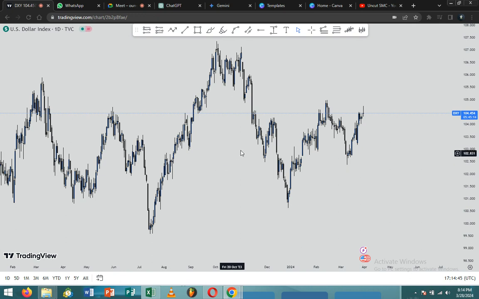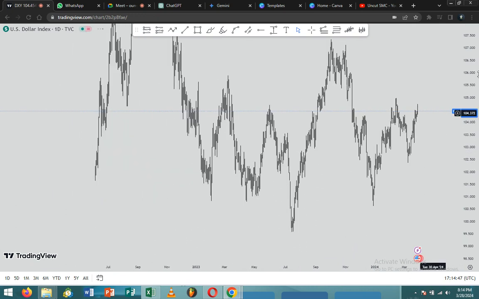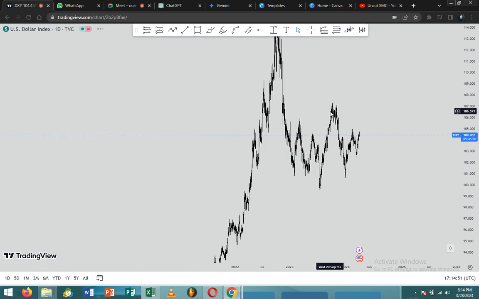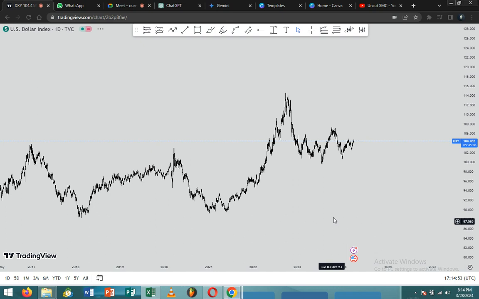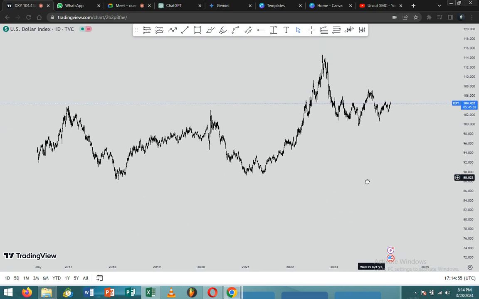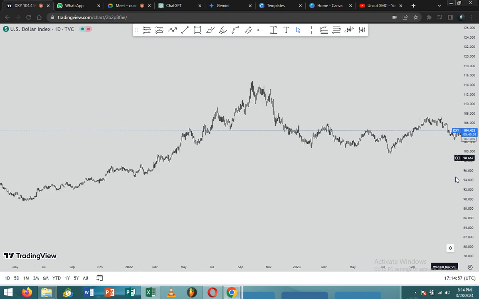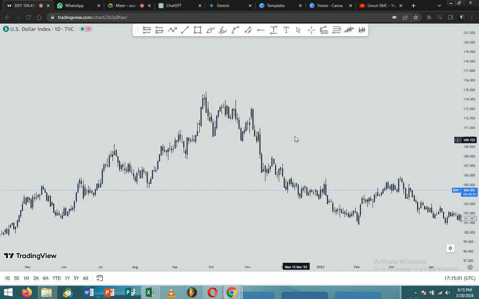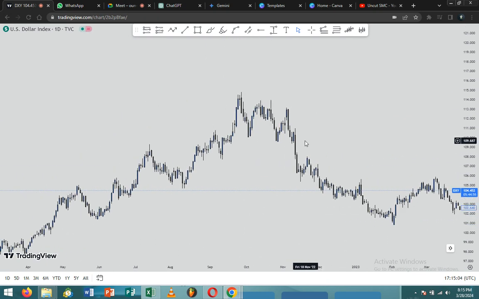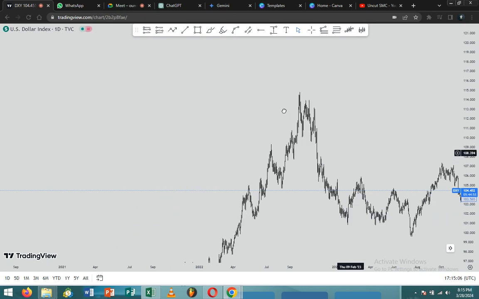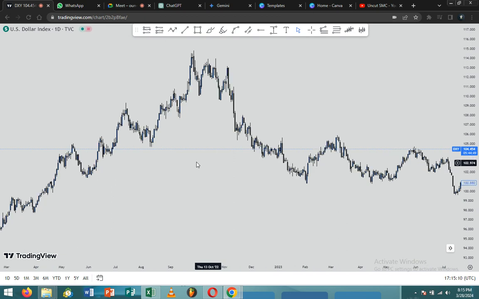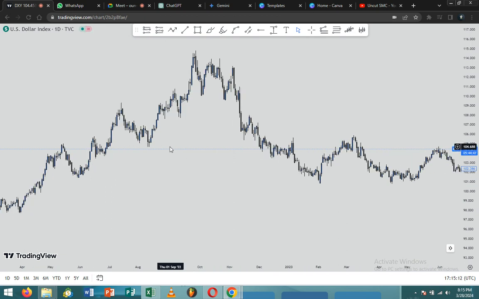Looking at the dollar from the daily time frame, you see the dollar has been in an uptrend generally. We're going to be doing some top-down analysis, and this is how we do it. Like I told you earlier, with smart money concepts, when you're analyzing, you start from the turning point.